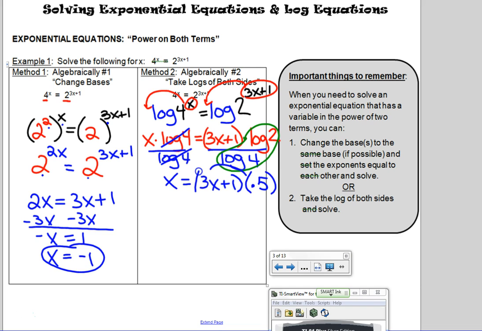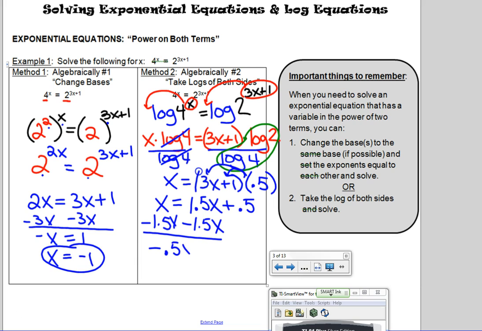Now we can distribute that in. All right, bring the x's over. And then divide out. And we get the same answer.